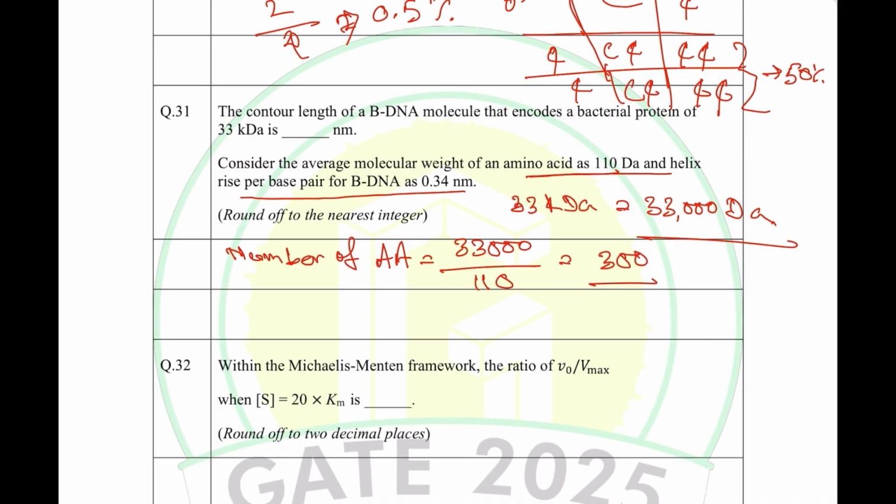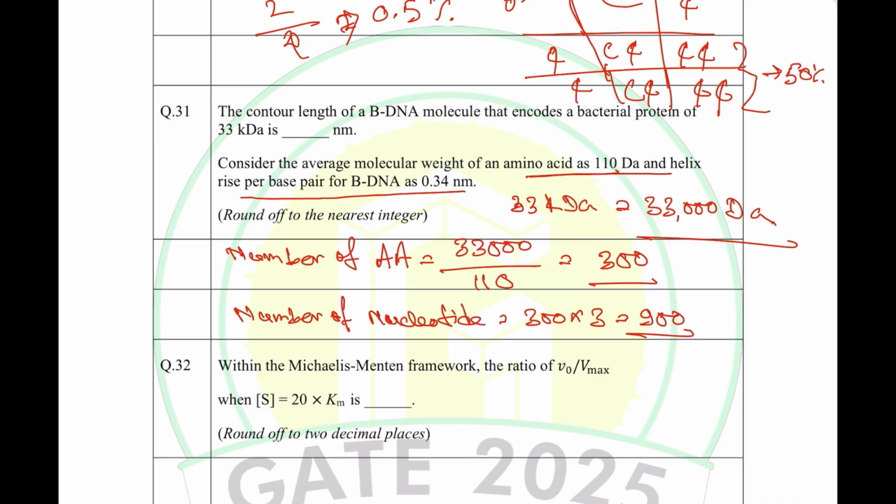Now each amino acid is coded by 3 nucleotides, so the number of nucleotides would be 900.